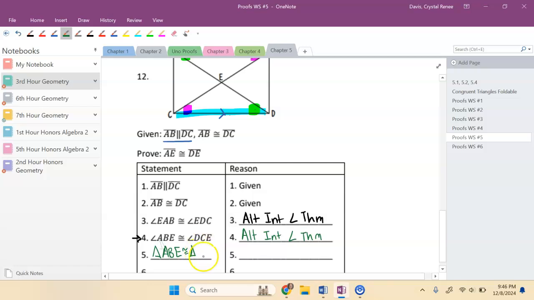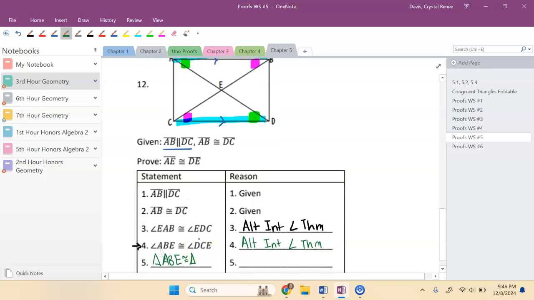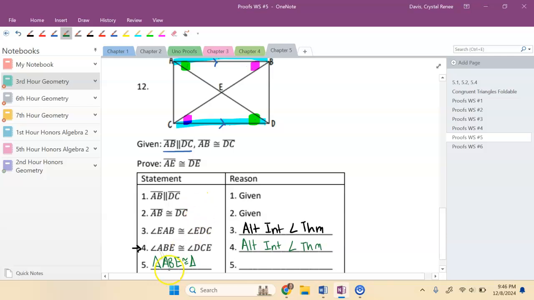Now be careful, remember the order of the second has to match the order of the first. If my first angle is A and my angle A is green, my green angle has to be first over here. So it'd be triangle D. B is second, and that was my purple angle. So C would be my second, and then E. And remember that was by angle side angle.